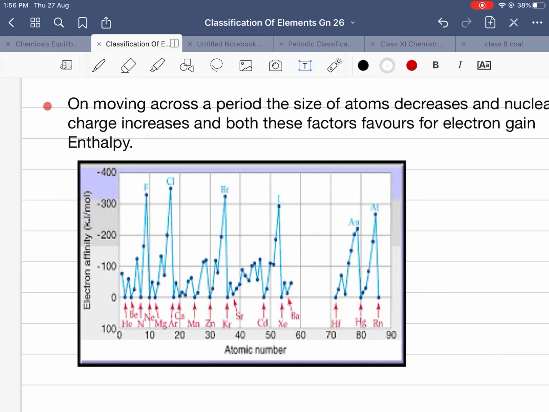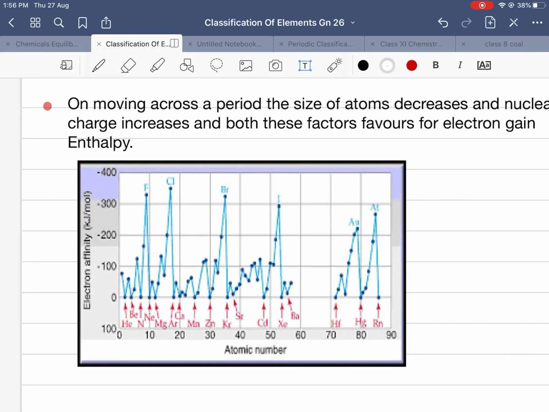Thus, the tendency to accept an electron increases in a period, and the electron affinity values become more and more positive. Halogens have the highest electron gain enthalpy in a period, which is not surprising because after accepting an electron, each halogen atom gets the electronic configuration of the noble gas immediately to its right.